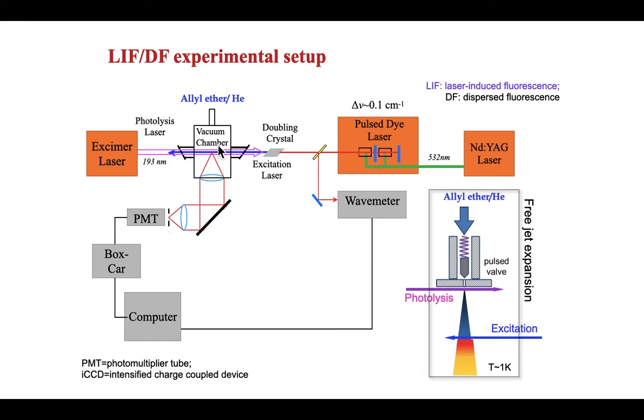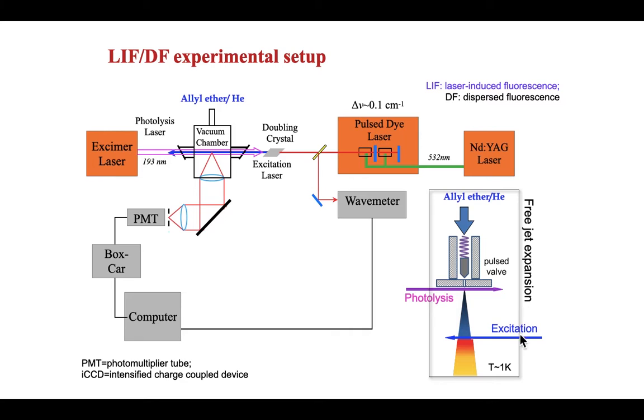In this process, as you can see in this figure, the precursor molecules flow through the pinhole valve into the vacuum chamber. Since the pinhole is very small, the molecules start to collide with each other and achieve a low temperature, approximately 1 Kelvin.